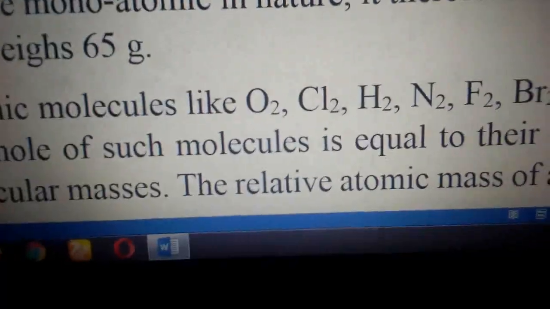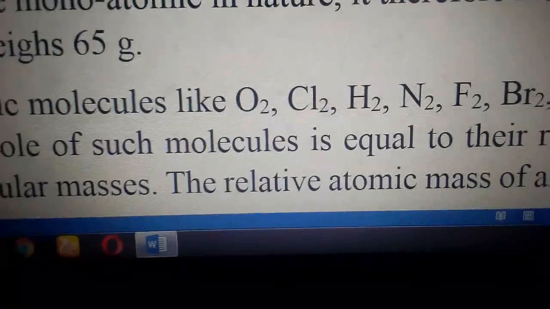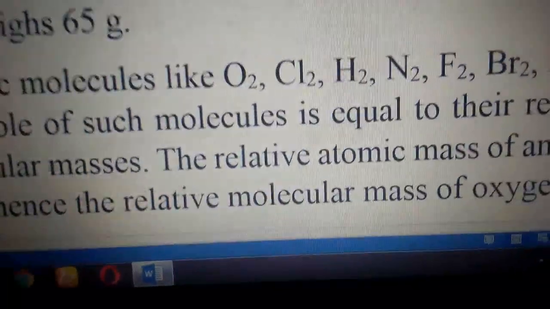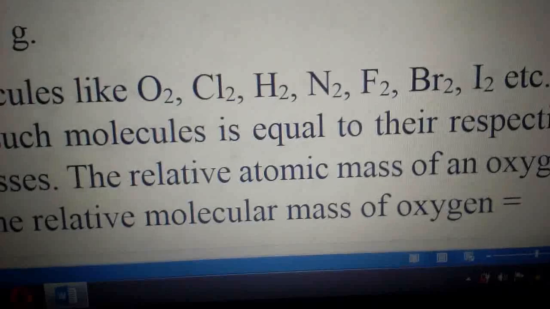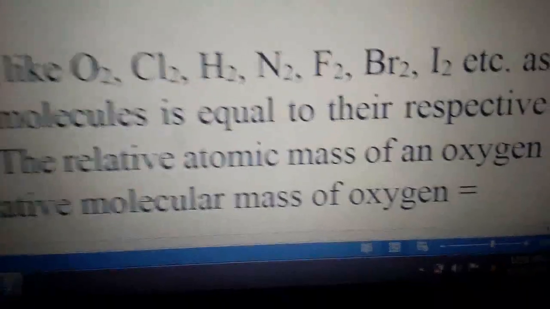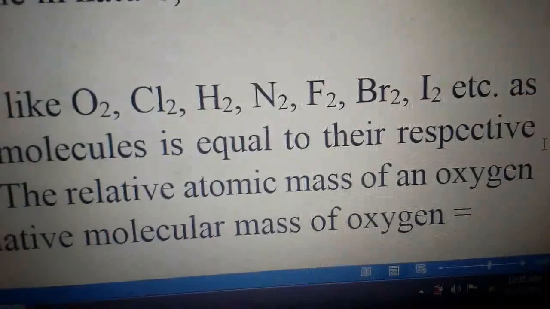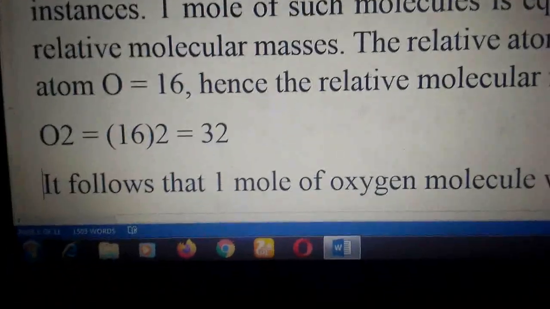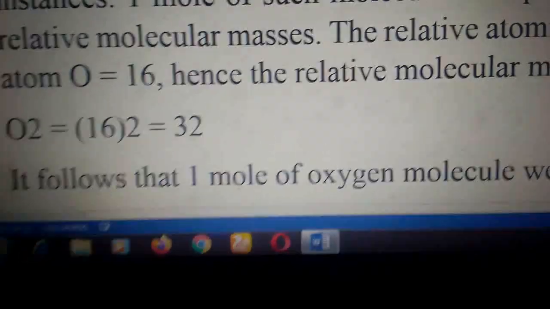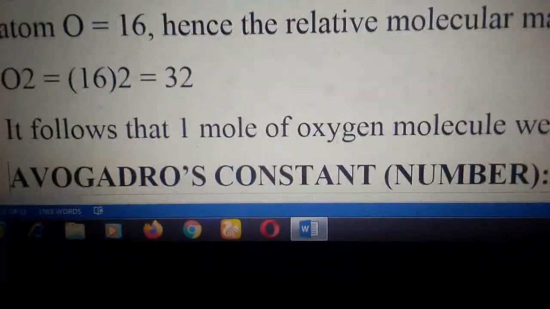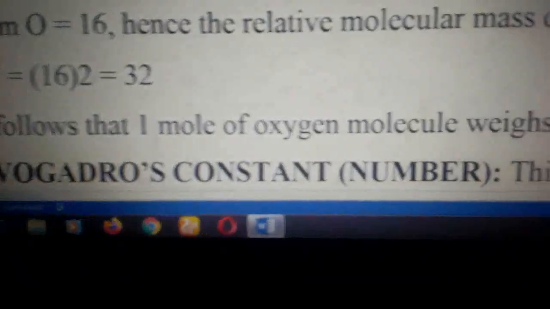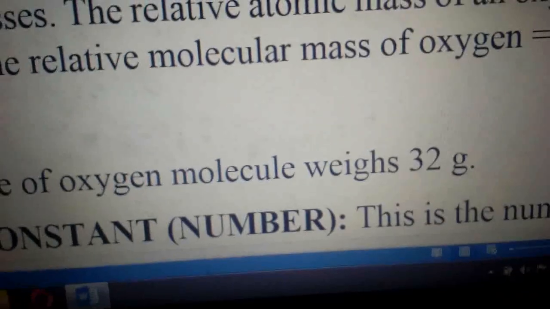So for such diatomic elements, we calculate what's called the relative molecular mass. Taking oxygen for instance, the relative atomic mass of the oxygen atom is 16. Hence, the relative molecular mass of oxygen, O2, is 16 times 2, which gives us 32. Then it follows that 1 mole of oxygen molecules weighs 32 grams.